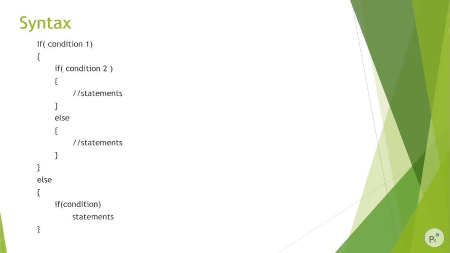So let's understand its syntax. As you can see here, if the first condition is true, then it will enter the if block, and again it will validate a condition. If that second condition is satisfied, then it will execute the code in the sub part of the if.